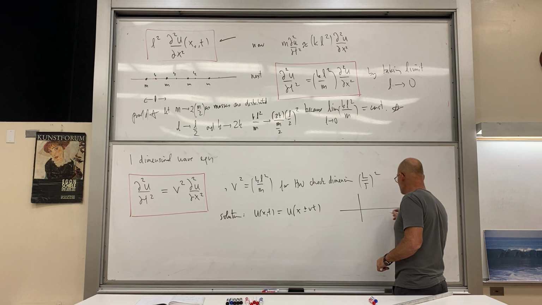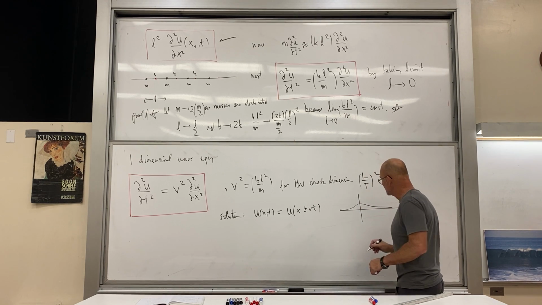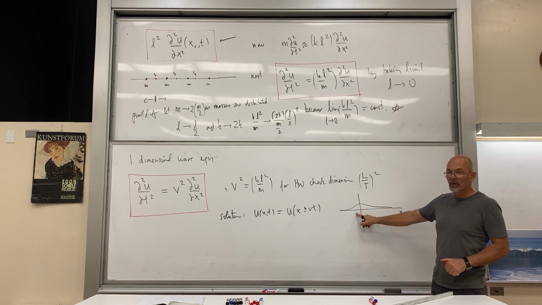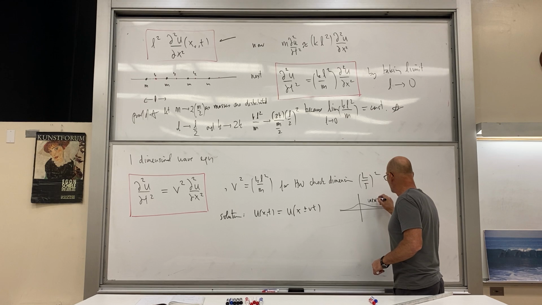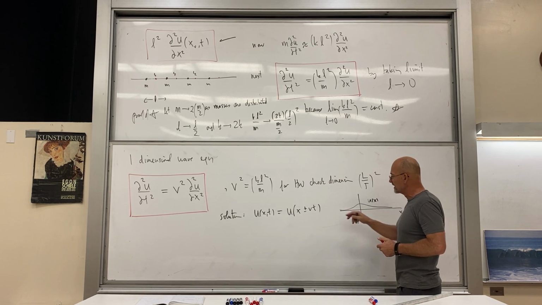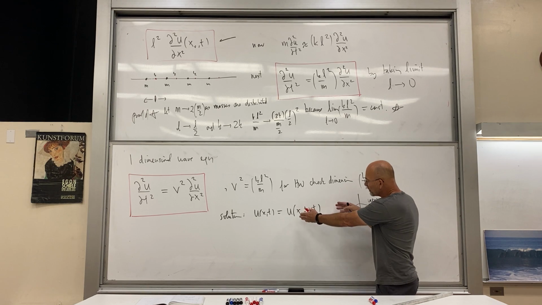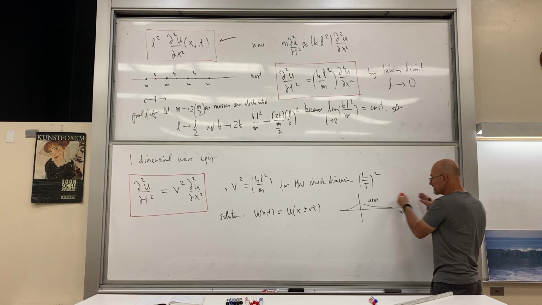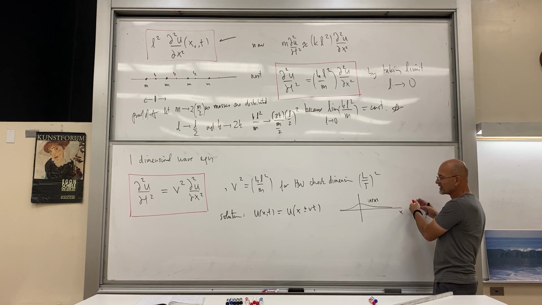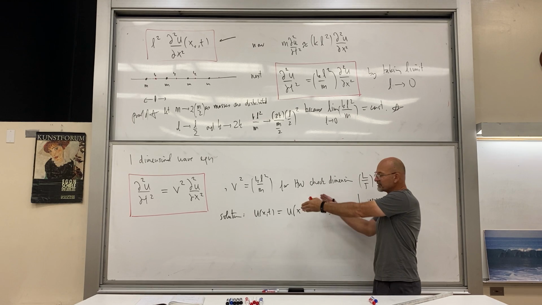And if you had just u of x, you could take, for example, a little pulse centered at the origin. Okay. And if u of x is a pulse centered at the origin, then if you take the minus sign, u of x minus vt, as t grows, this original origin is shifted to the right. Okay, so it's a traveling wave solution. And with the plus sign here, this pulse would be shifting to the left.